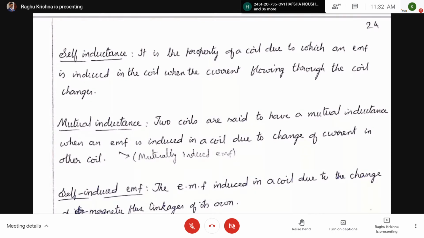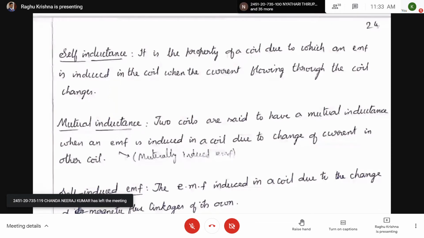When a changing flux links with a coil, EMF will be induced in the coil. Next up. Self-inductance means it is the property of a coil due to which an EMF is induced in the coil when the current flowing through the coil changes. We are talking about the current flowing through the same coil in self-inductance.